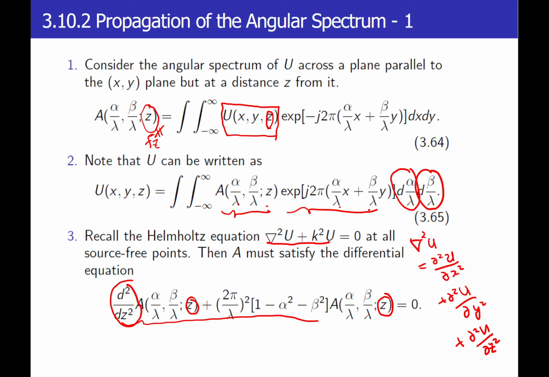Then you have a normalization condition such that we get 1 minus alpha squared minus beta squared like this, and then we get these differential equations. So this is important: it tells us how A will change with z for given alpha and beta.